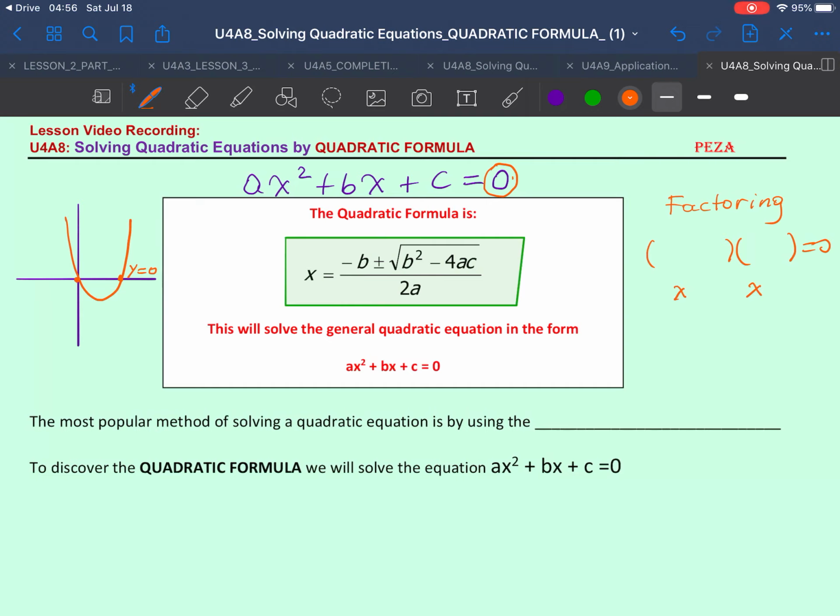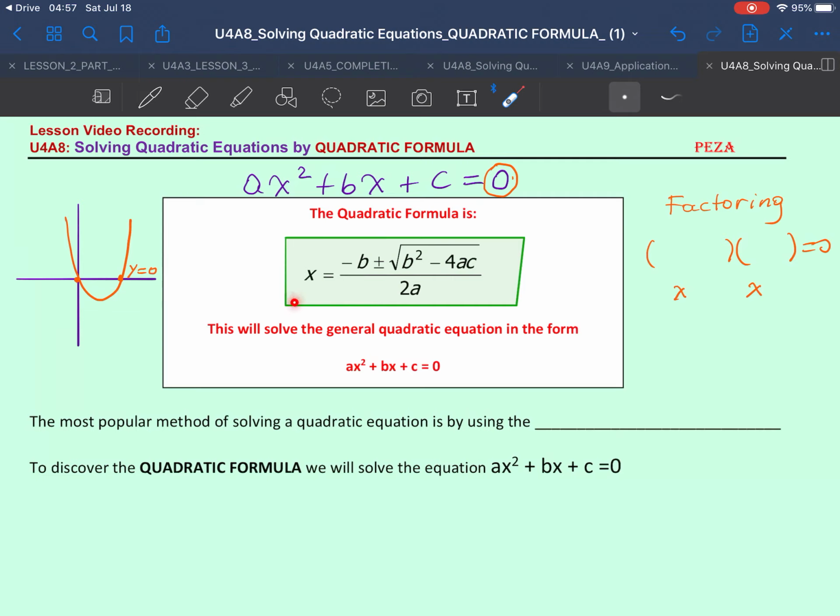So we solved that. Now, the question becomes, what if I have a quadratic equation that is too awkward to graph, and it requires a lot of time and space? Or what if I have a quadratic equation that is impossible to factor? So how do I solve such equations?